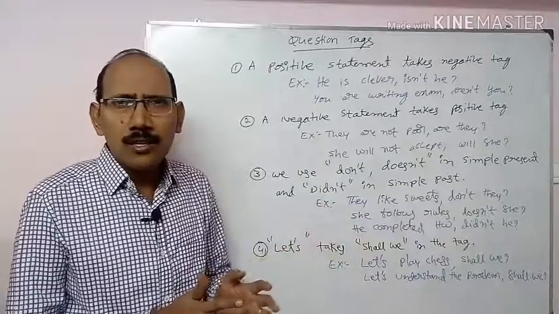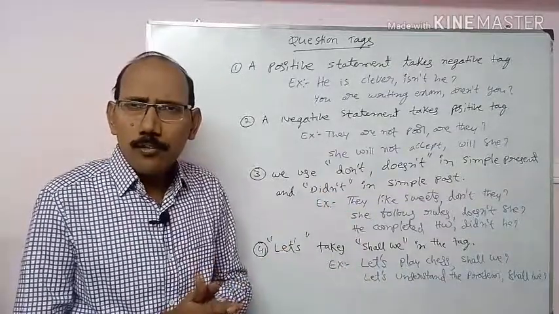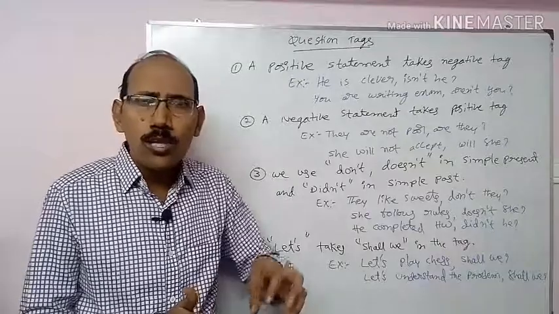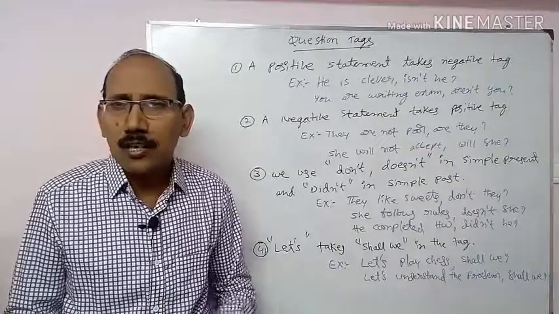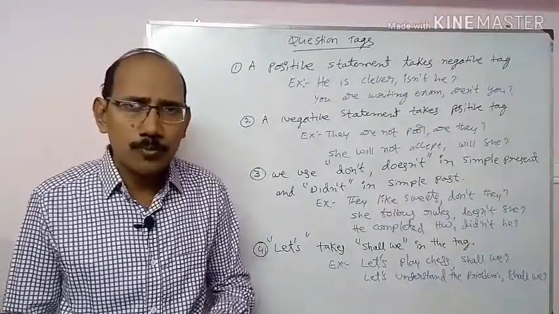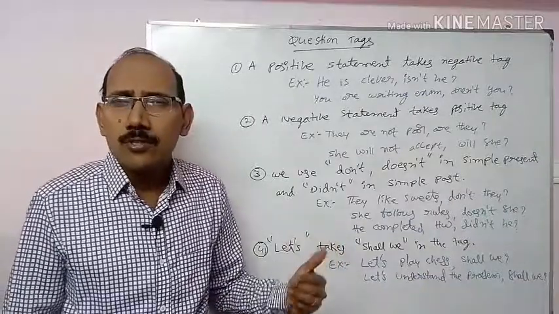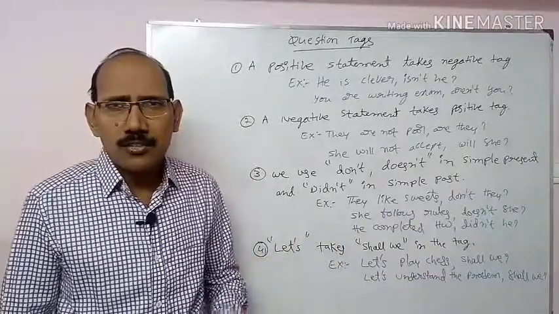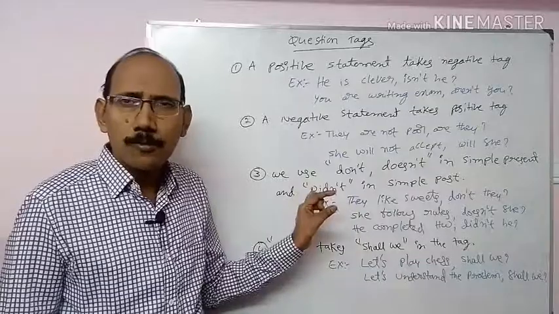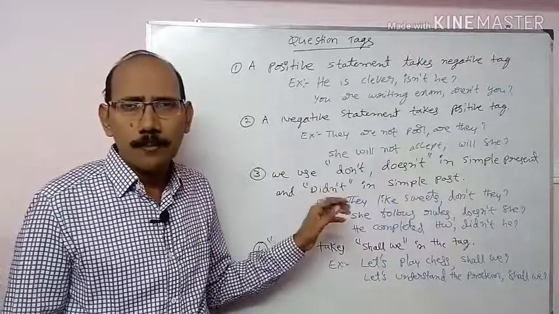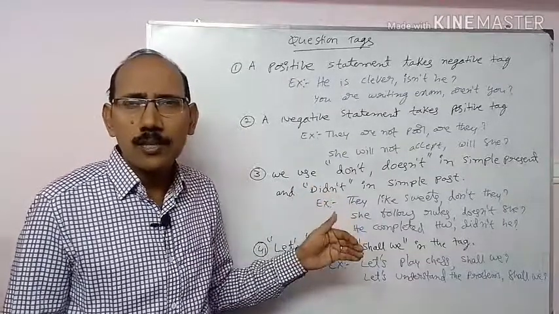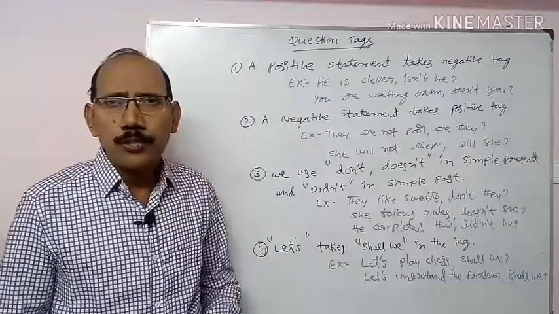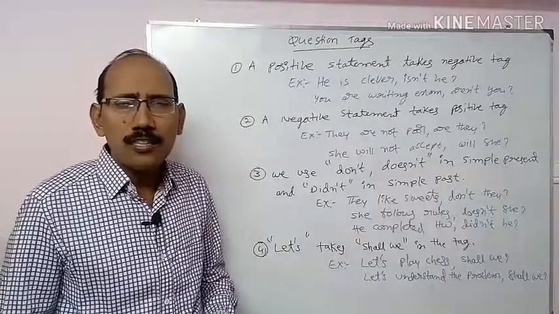That is very important: why we have to use only don't in one situation, why we need to use only doesn't at another moment, and why we need to use did not in some of the contexts. If you want to get authority over that topic, you need to go through that video.